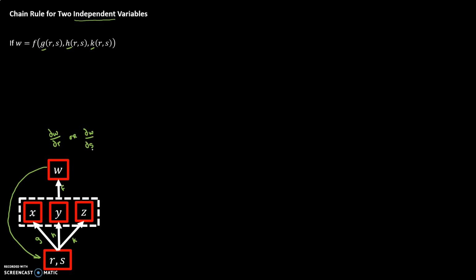But since there isn't a single unified independent variable, we're going to use partial derivative notation for either of these choices. w depends on multiple variables, so when we write these derivatives, we want to use partial derivative notation to communicate that this is an incomplete picture. w with respect to r is not the full picture. w with respect to s is not the full picture.